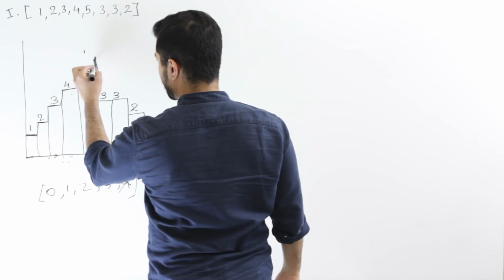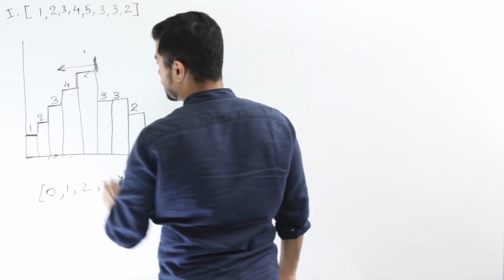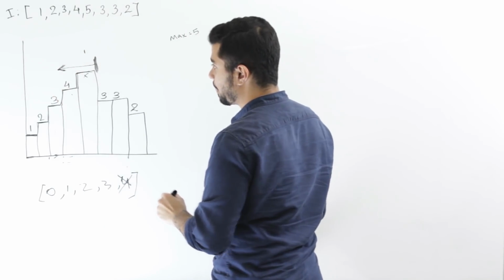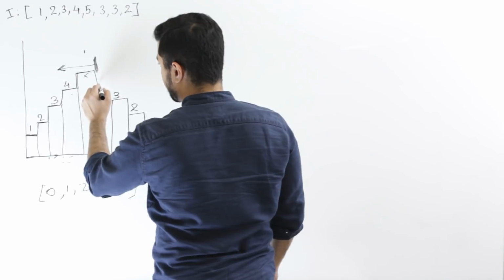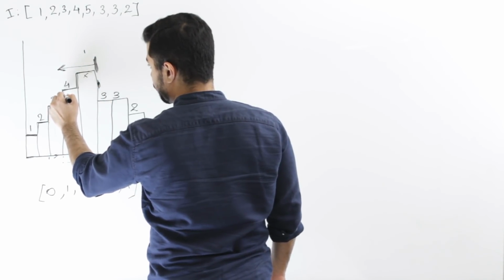So that prompts that, okay, let's start from here and let's go till, how far can we go? I start over here and then I want to go till whatever is before me, right?